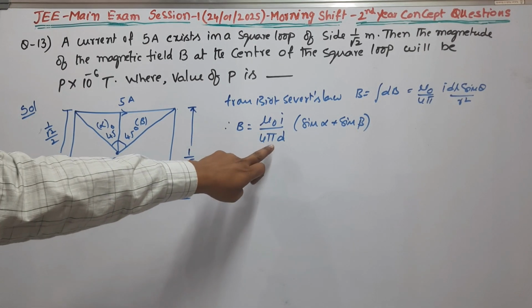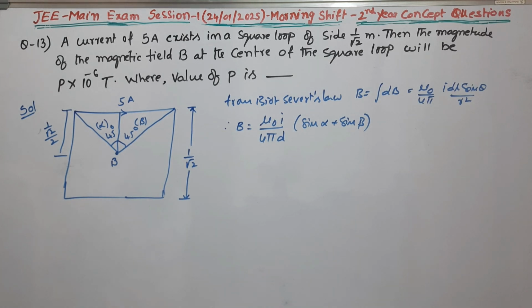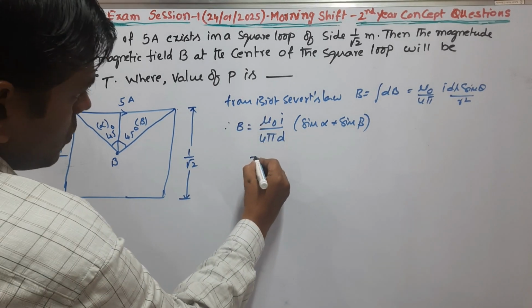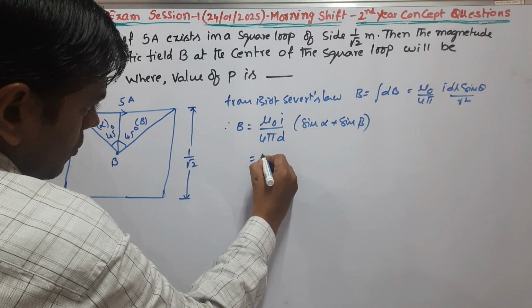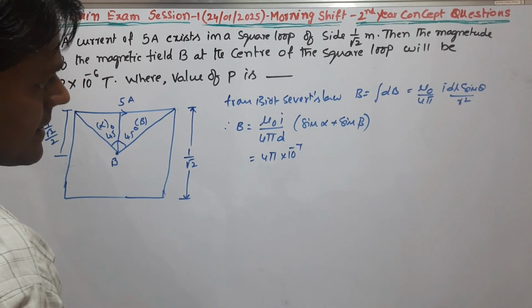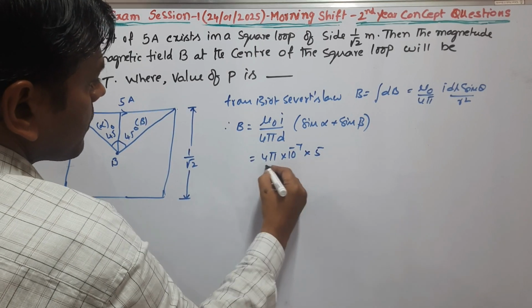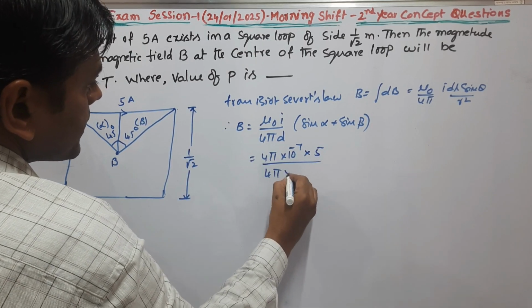Mu naught is equal to 4 pi into 10 power minus 7 Tesla meter per ampere, into I, the current value, 5, by 4 pi into d.